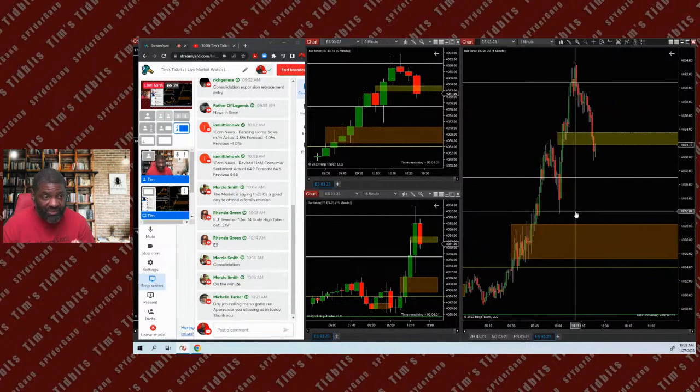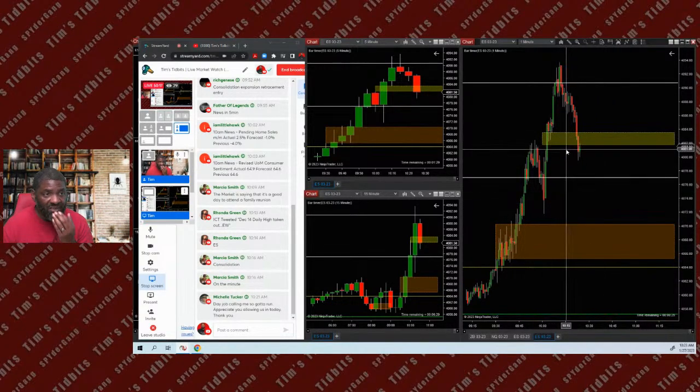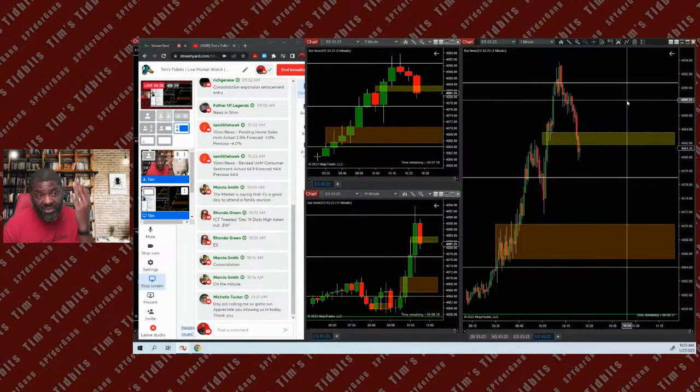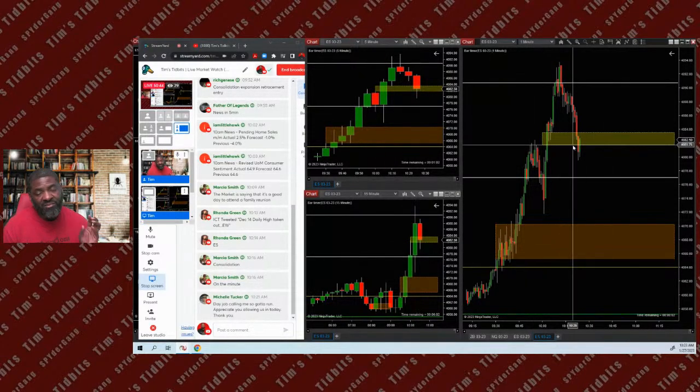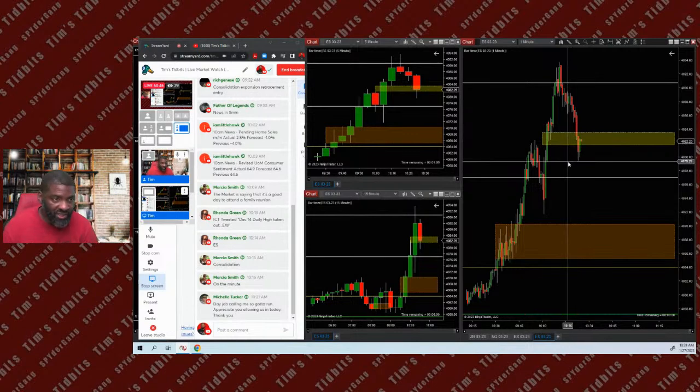And I say potential because we got this 15-minute down here that can push us back up. All of this right here is 1-minute candles, so the weight is not as weighty as the higher time frames, but stuff starts to build out on the lower time frames.